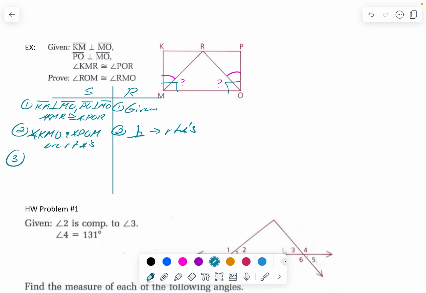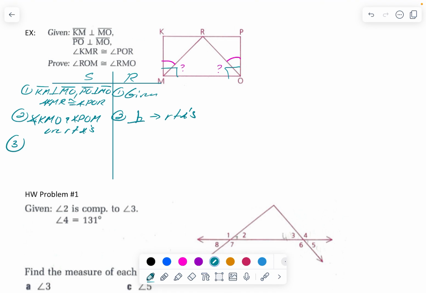And so now that we have that, we can say that angle RMO is congruent to angle ROM, and we can say complements of congruent angles are congruent. So once we have the right angles, we can see from the picture that the two angles together make that right angle.